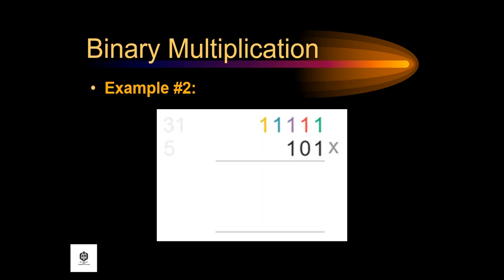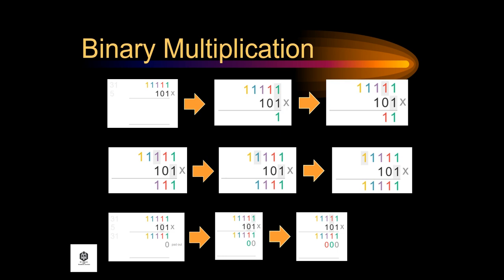Let's try again. For example number 2, the given number is 11111 times 101. The solution starts from the first column to the right. 1 times 1 is equal to 1.